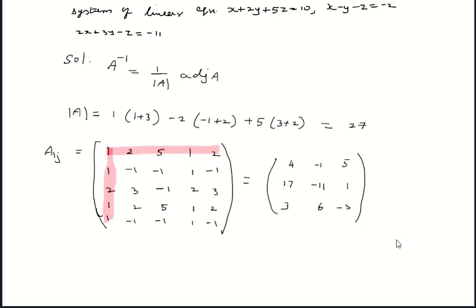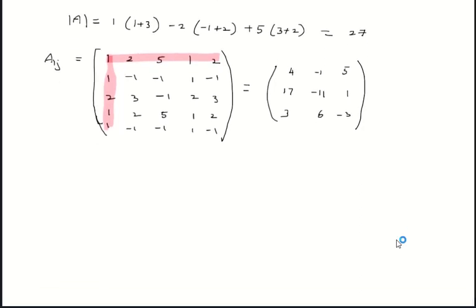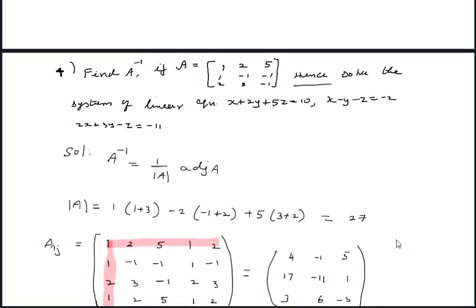A inverse is Aij transpose. So A inverse is 1 by determinant A, which I've got as 27, into adjoint A. Adjoint is 4, 17, 3, negative 1, negative 11, 6, 5, 1, negative 3. So now I found A inverse.